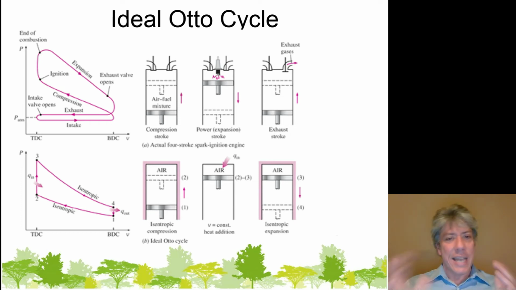Now that's not exactly true, because after the exhaust valve opens, if you trace that curve, you don't just go back into compression. You go down into the exhaust stroke and back to the intake. But the point still remains that the upper area is a lot bigger than the lower area, and what this really means is that the net work produced by the engine is a lot larger than the amount of work required to push the exhaust gases out and pull in a new fresh charge of air-fuel mixture.